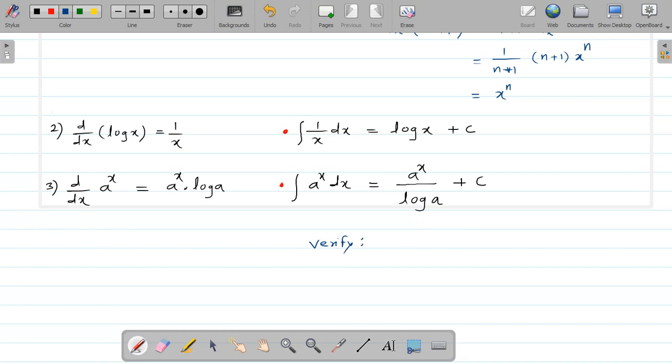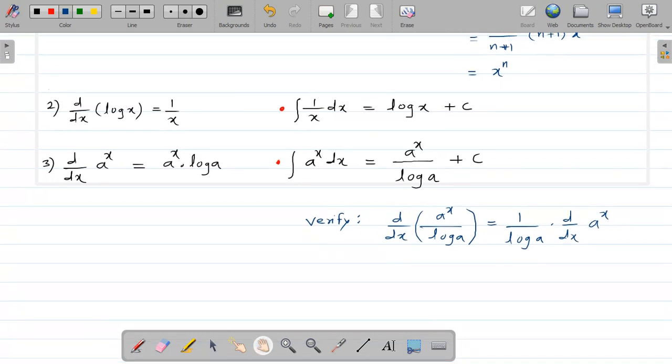Now to verify this, I will take the derivative of a raised to x upon log a. Then what will be the derivative of this term? Now 1 upon log a is constant, so keep it outside of the derivative into d by dx of a raised to x. Now you know the derivative of a raised to x.